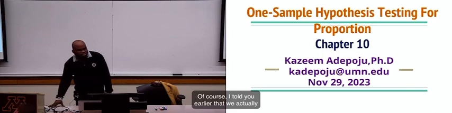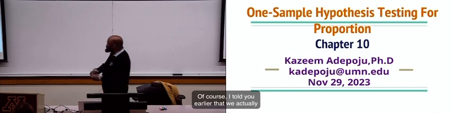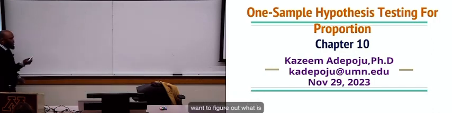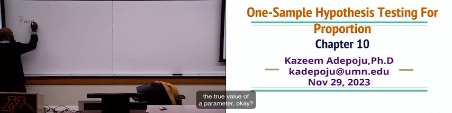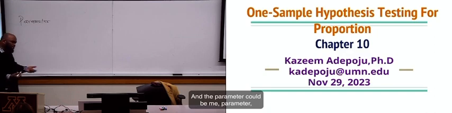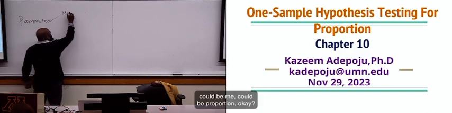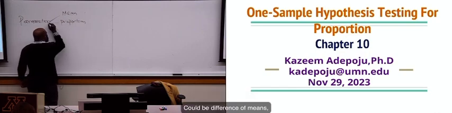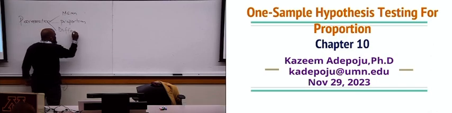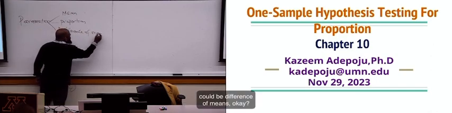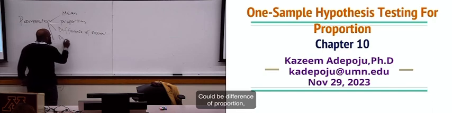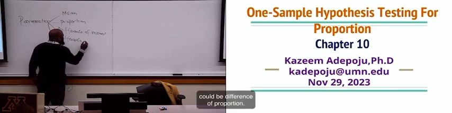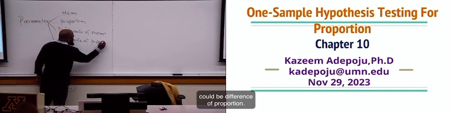Of course, I told you earlier that we actually want to figure out what is the true value of a parameter. The parameter could be the mean, could be proportion, could even be a difference of means, could be a difference of proportions.